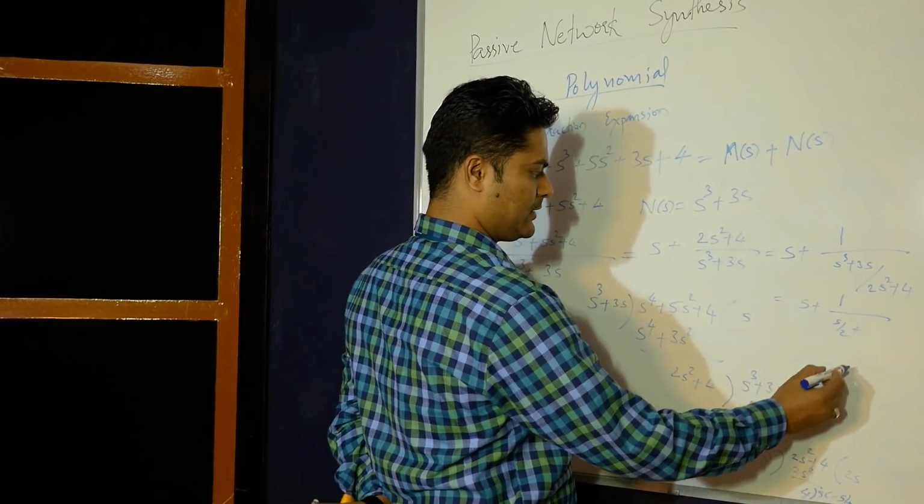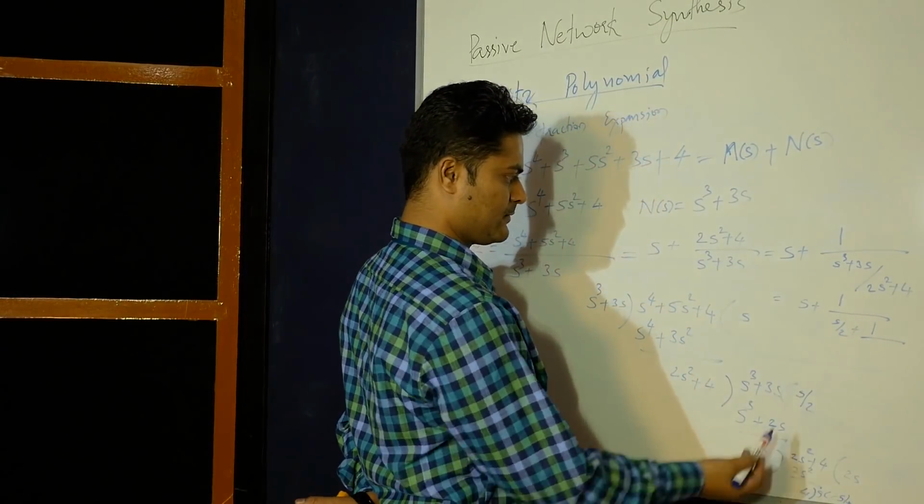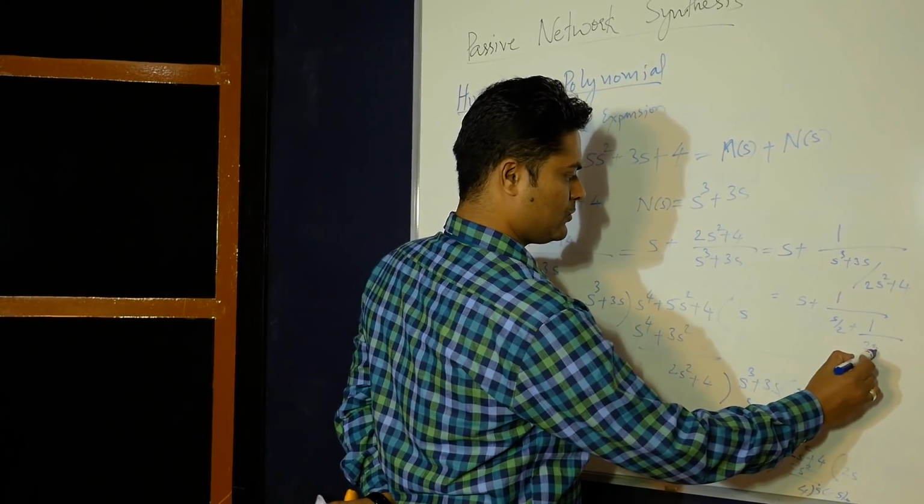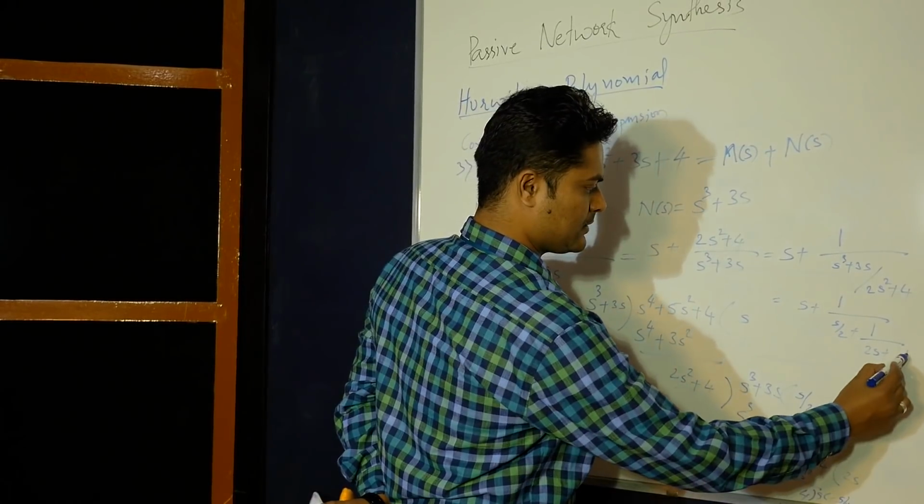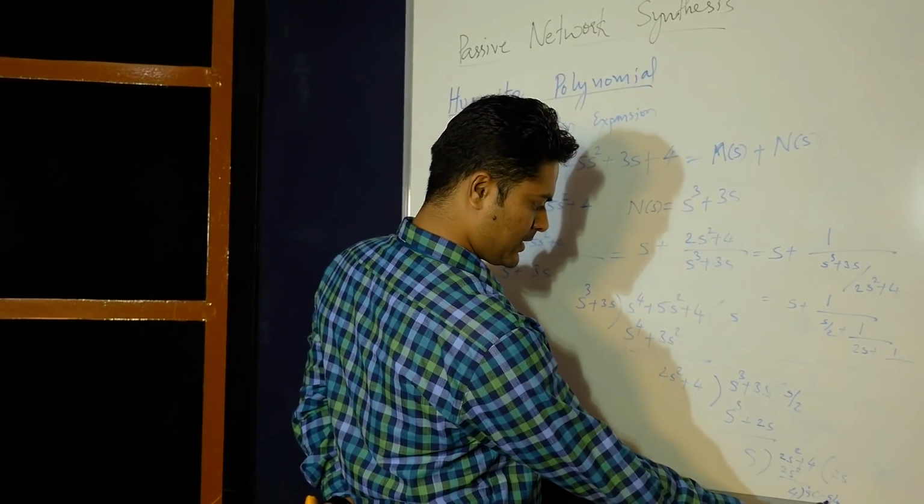So we get s plus 1 by s by 2 plus 1 by 2s plus 1 by s by 4.